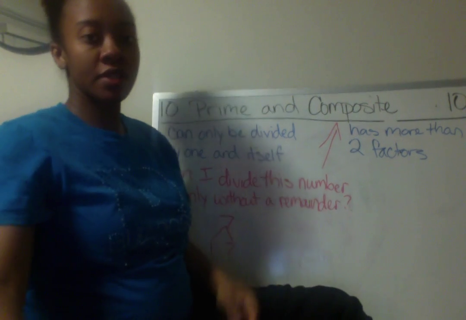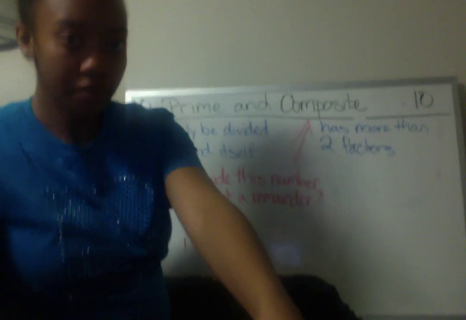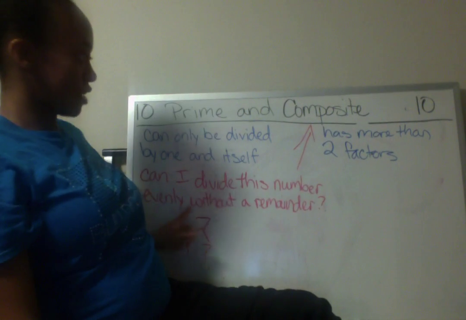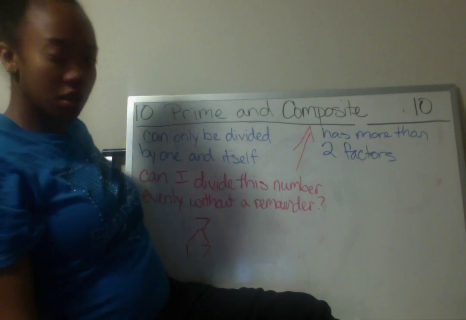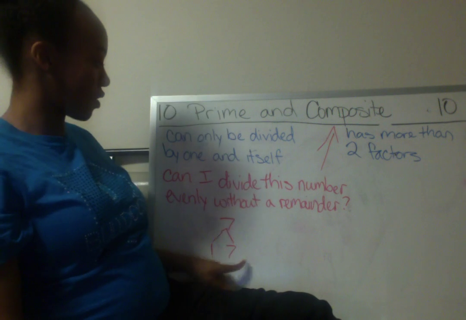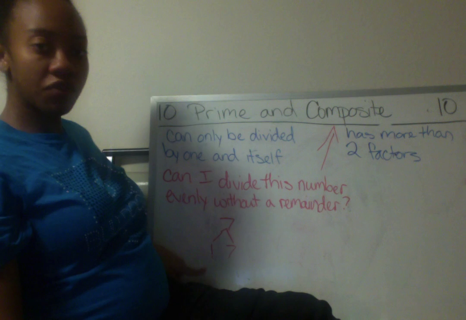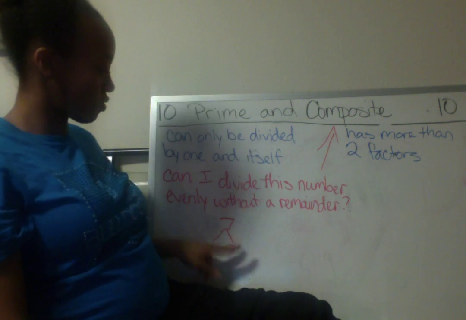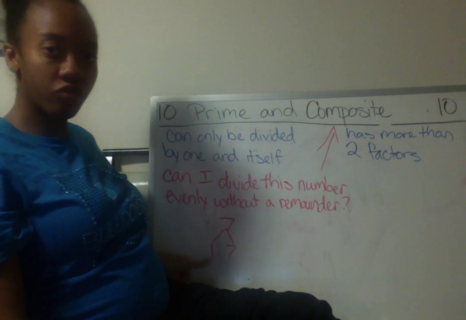So this works. Can you see that? This question is answered more than 2 times. Going back to this question, can I divide this number evenly without a remainder? With 7, it only works one time with these 2 factors.